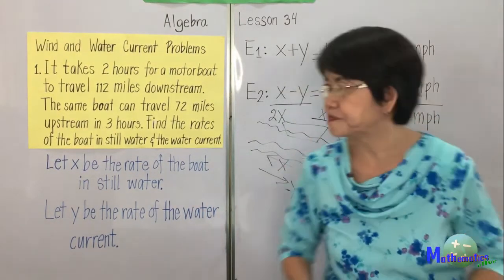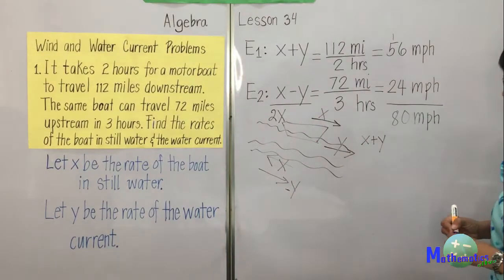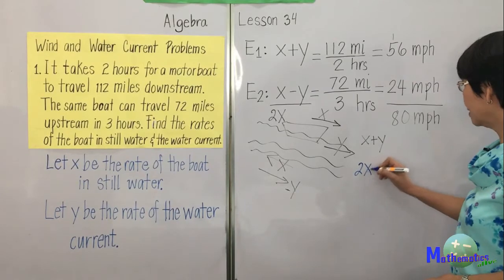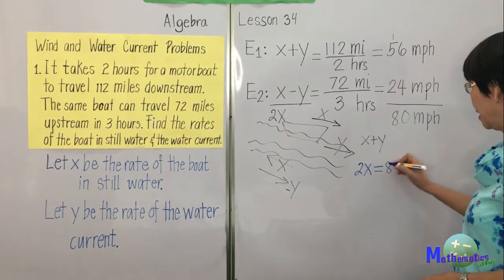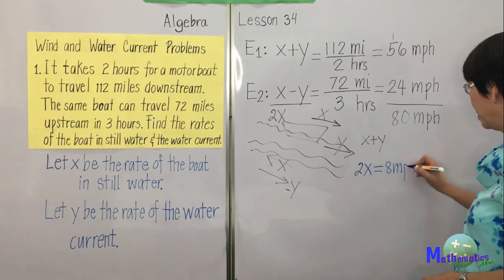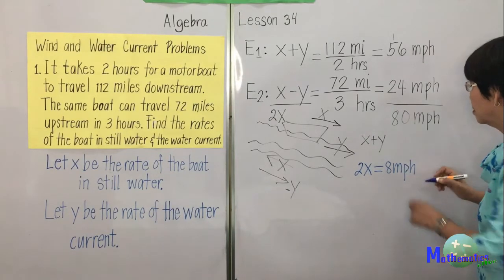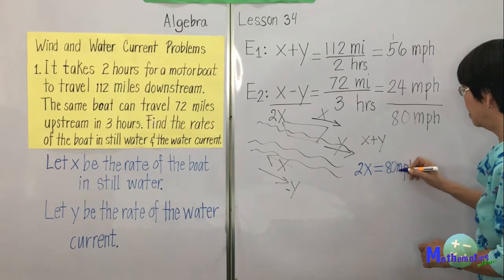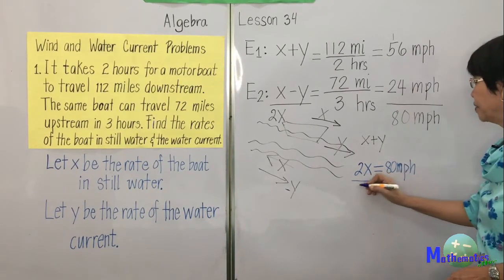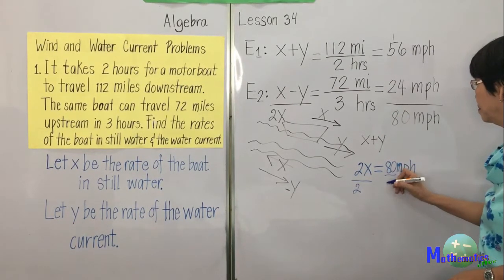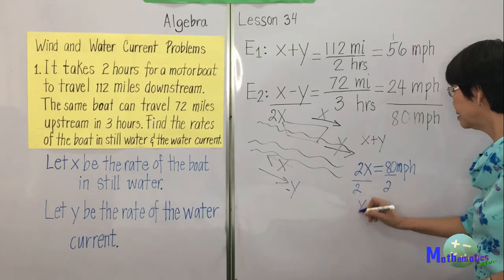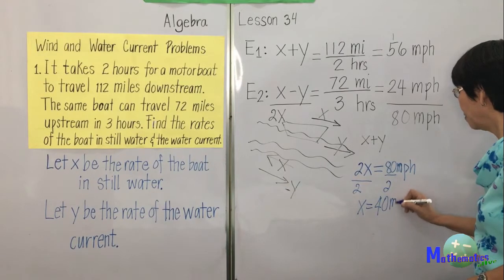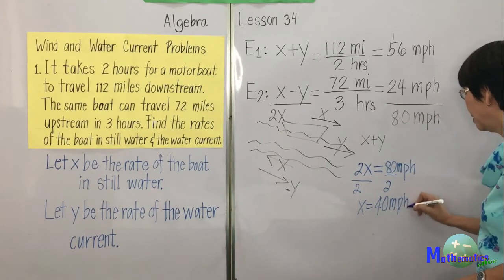And then we have this equation, 2x is equal to 80 miles per hour. And then we divide by 2. So x is equal to 40 miles per hour.